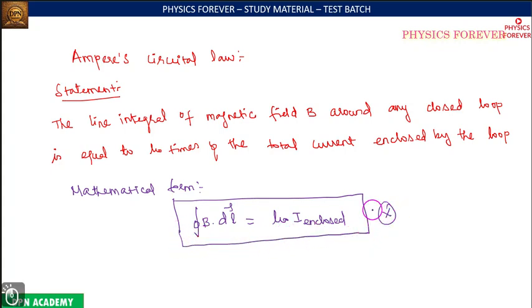This is the statement for Ampere's law: the line integral of magnetic field B around a closed loop is equal to mu naught times the total current enclosed by the loop. Now, some important points.